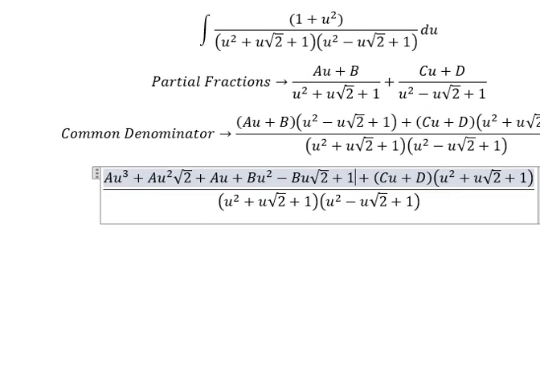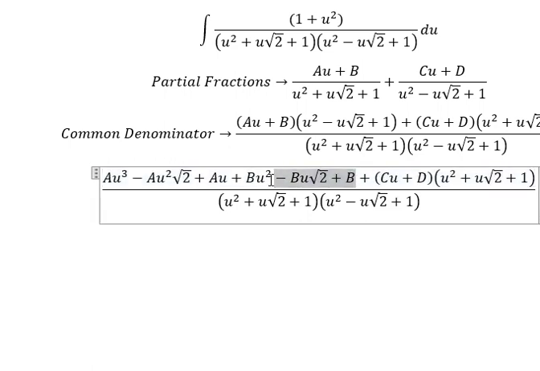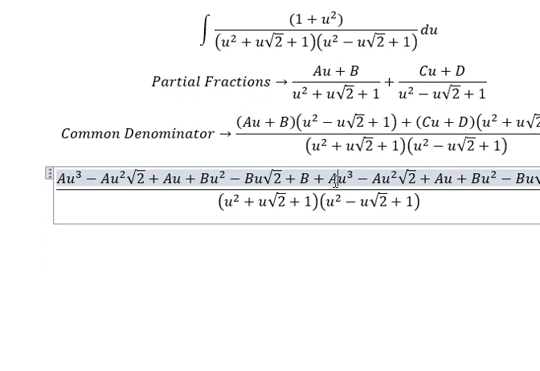Now we can do similar for the next one. This is negative in here, so I just change a little bit. So I will change for C and D.